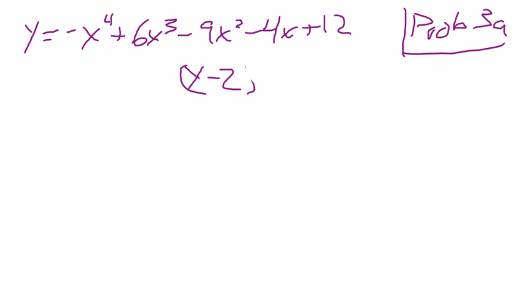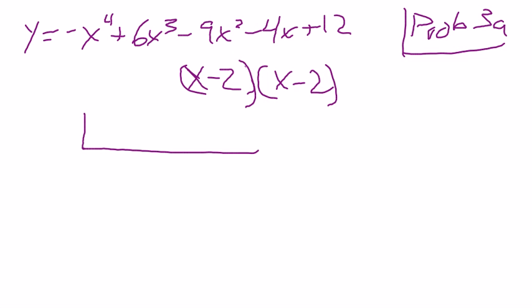So we can rewrite it as x minus 2 times x minus 2, because that's what squared means. And we can see that really we have two linear factors here. So you have options. You can FOIL this out and get a quadratic and use long division to divide by that quadratic. Or, in my opinion, the easier route is to use synthetic division twice.